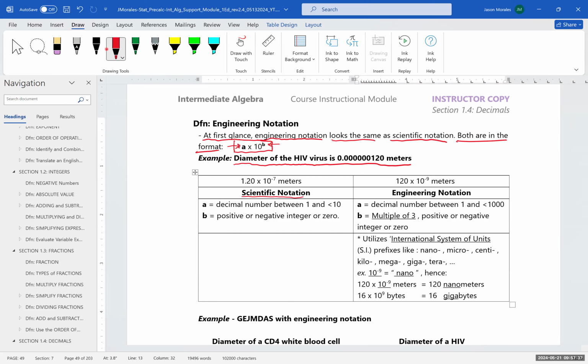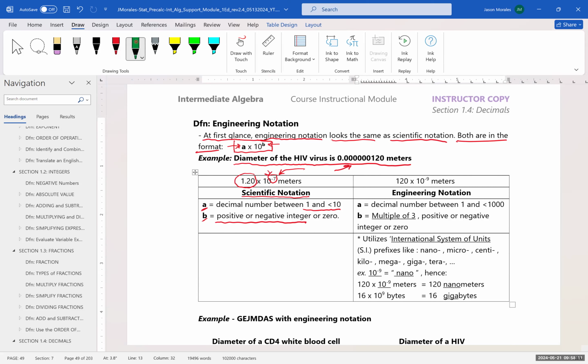In scientific notation, the diameter in meters we could write this way: 1.2 times 10 to the minus 7. It's 1.2 because that decimal number needs to be between 1 and 10, and the exponent b is a positive or negative integer. In our example here, it's a negative integer, negative 7.